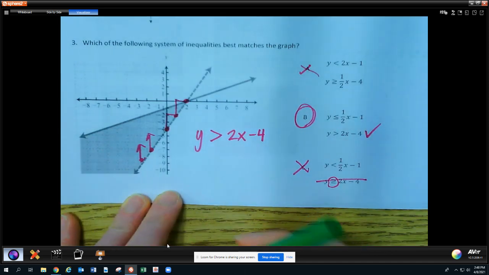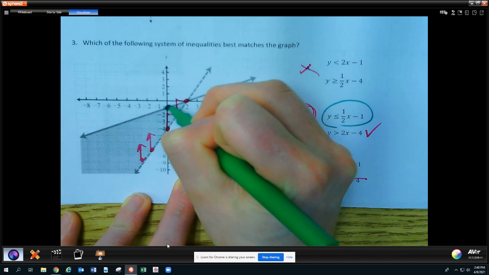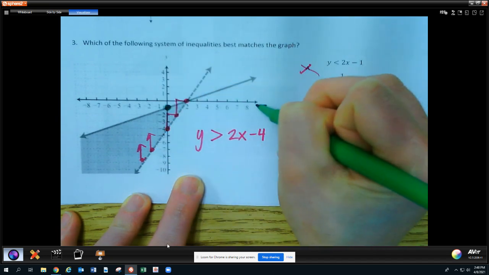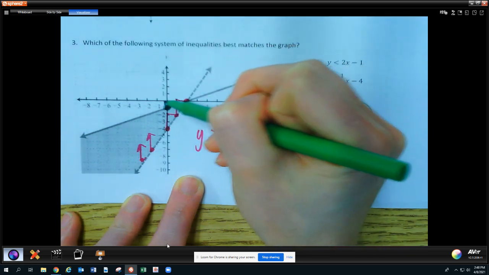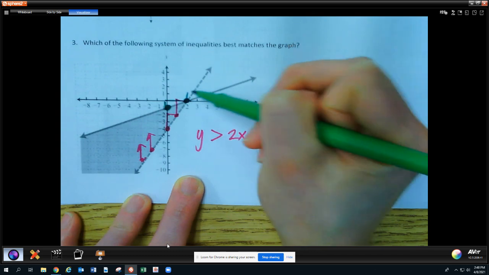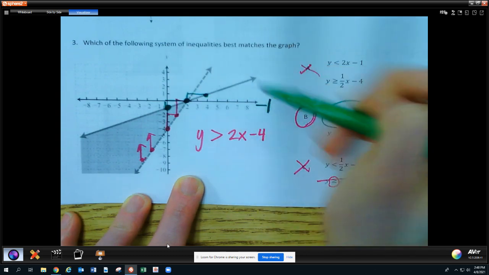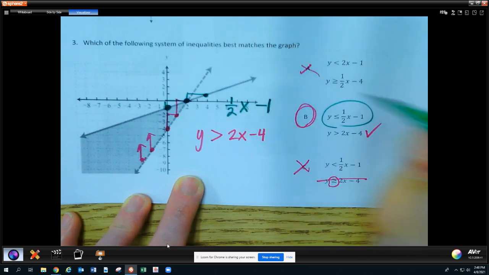But let's double check and make sure that this is in fact our other inequality. So for the solid line, we have a y-intercept of -1. So I'm going to go ahead and write down that. And it looks like we are going up 1 unit over 2 units, up 1 over 2. So rise over run is 1 over 2.